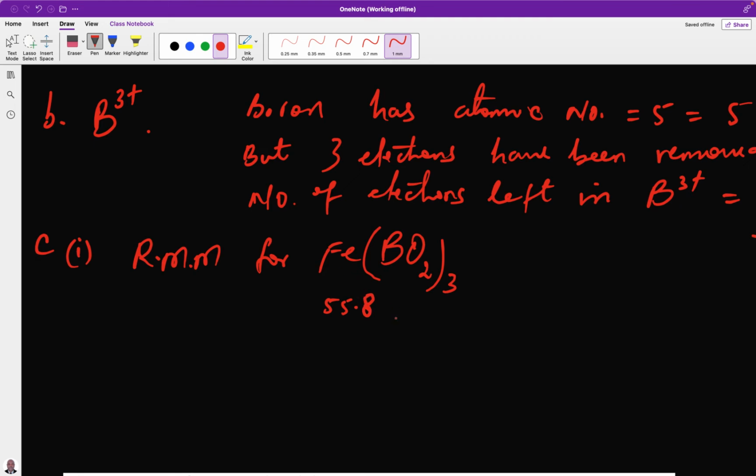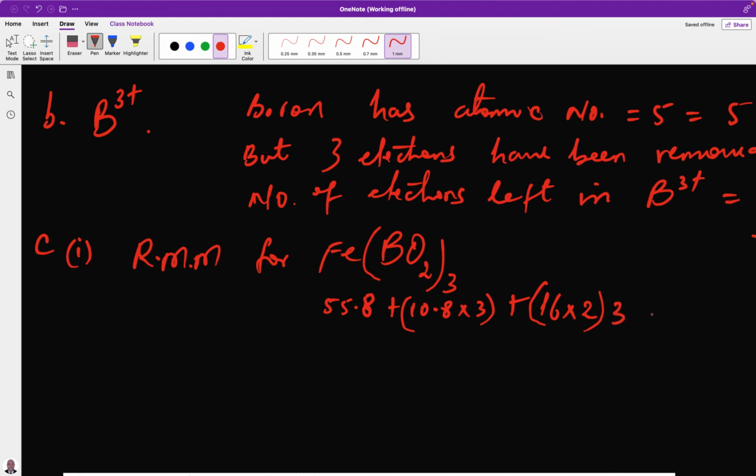Iron is only 1, plus boron is 10.8 times 3 outside here, plus oxygen is 16 times 2, because there are two oxygen atoms here, then times 3 outside here.